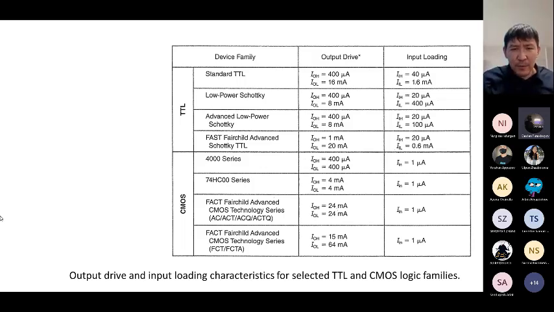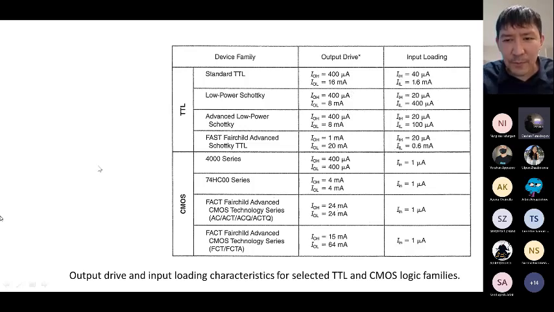Here we have two families, TTL and its subfamilies, for example standard, low power Schottky, advanced low power Schottky, fast, Fairchild advanced Schottky TTL, and CMOS. In this table you can find output drive and input loading.